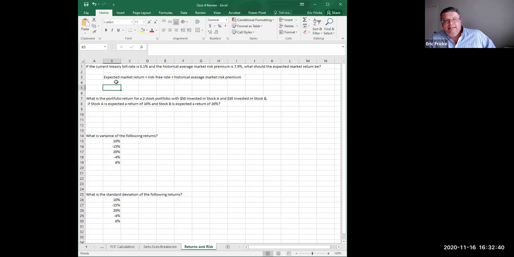And the amount of risk premium depends on what the asset or investment you're looking at is. And so for the market return, the risk premium is the market risk premium. But we can have different risk premiums. Every asset class has its own risk premium, depending on how risky they are. And so yeah, for this one, it's going to be 0.1% plus 7.9%.